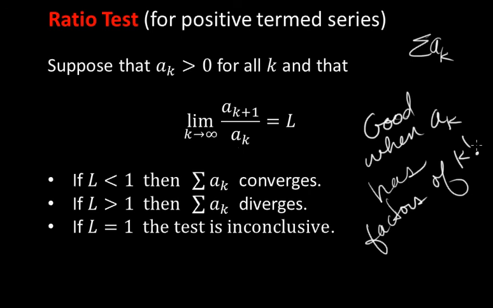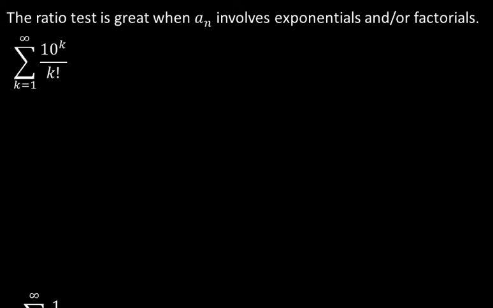It works really well for factorials if they're factors of a sub k, in its numerator or denominator. It also works nicely with exponentials because you get lots of canceling. But remember the word factorials. This is really when you have factors in the numerator or denominator that are expressed in factorials, the ratio test works great.